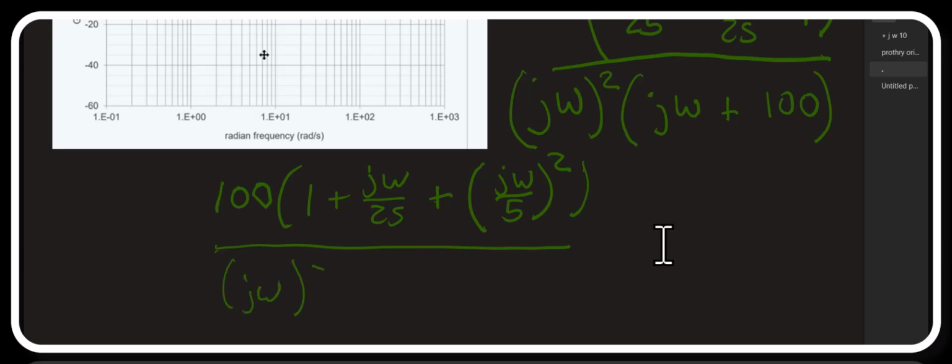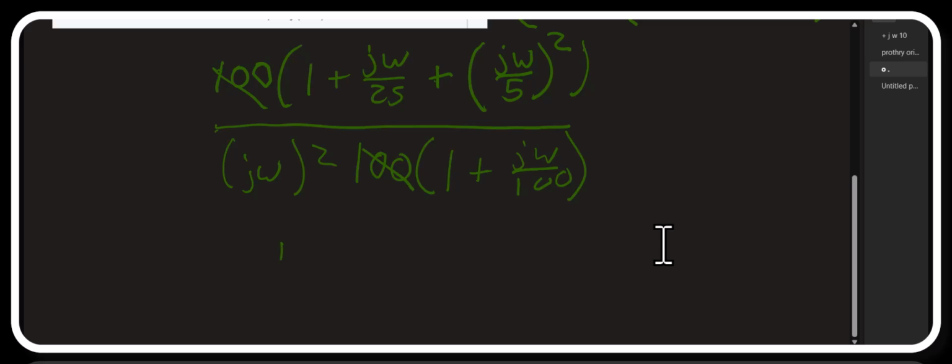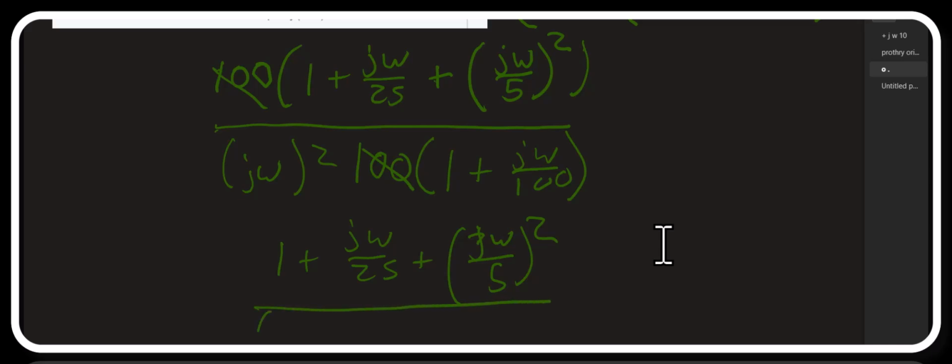Then I have j omega squared, and I'll factor a 100 out of that other term, and I get 1 plus j omega over 100. And then my 100s cancel. So I have 1 plus j omega over 25 plus j omega over 5 squared, over j omega squared and 1 plus j omega over 100.